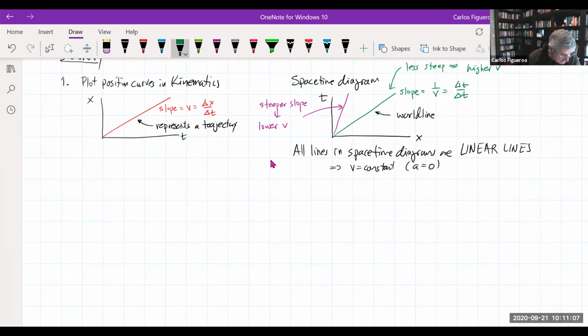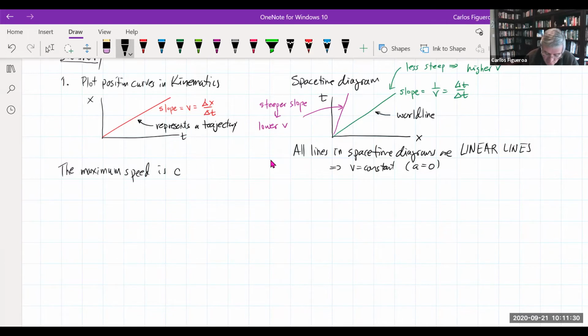However, there's something that I haven't said here. What you find is that the maximum speed is c.